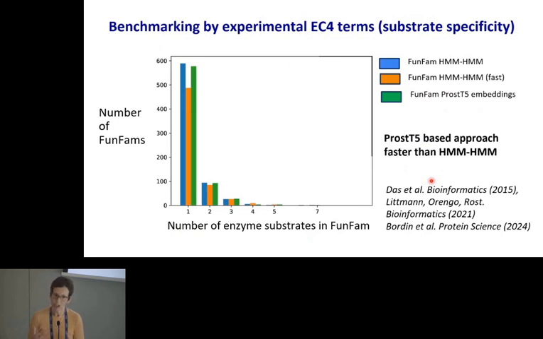And again, I want to reach out and thank the CAFA community, because I think without that community, there would be no way of evaluating how well we're doing at function transfer, function inheritance, function annotation. And you can see that our recent, much faster embedding-based method is comparable to HMM. It's slightly less sensitive, but it's much faster.